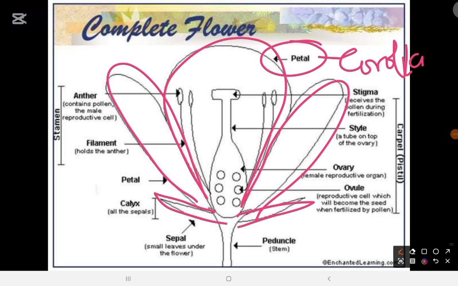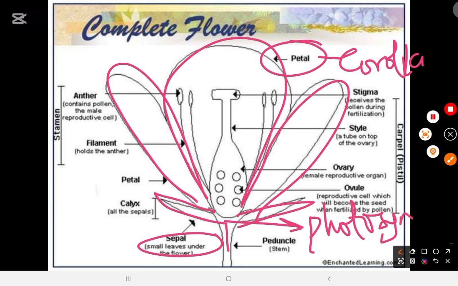Remember when the flower was still a baby flower, the sepal was serving a protective function. But once the flower has matured, the sepal only functions, together with every other part, for photosynthesis, the production of food for the plant.